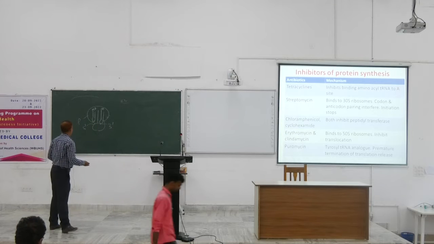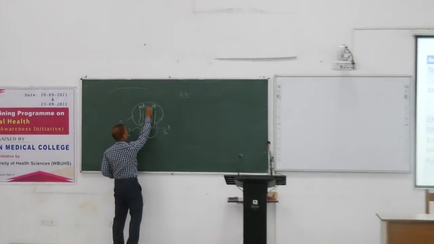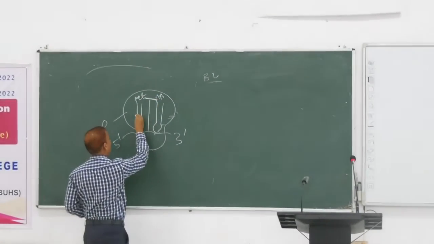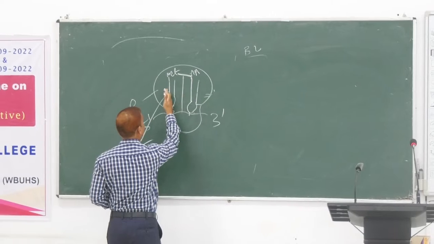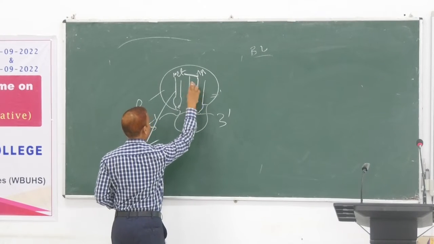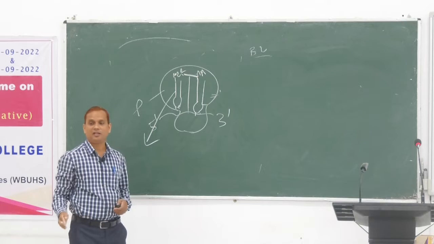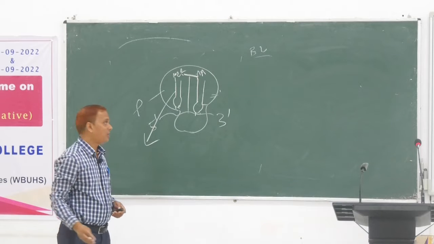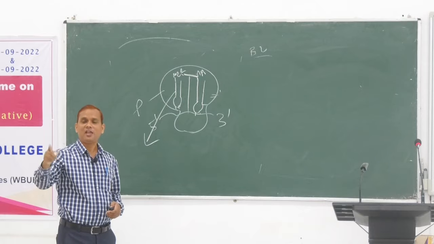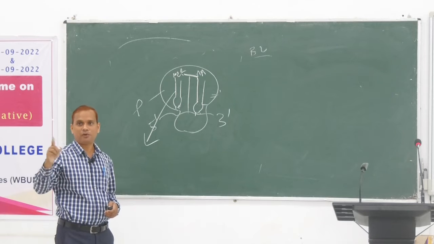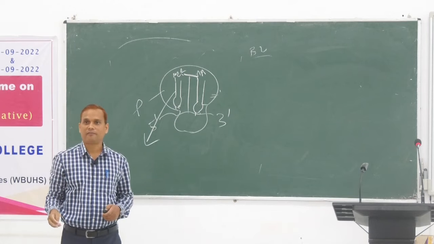That means, once they bind, this will be released here, and this will translocate from the A site, with this amino acid and tRNA, it will enter the P site. That process is called translocation, that means a change in position. That will be inhibited by erythromycin and clindamycin.